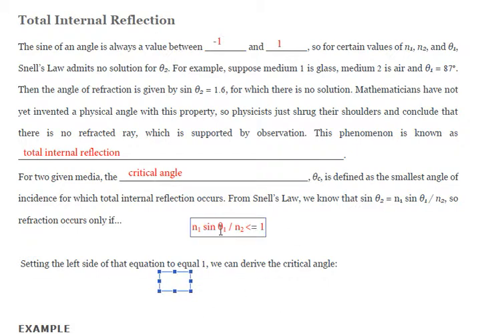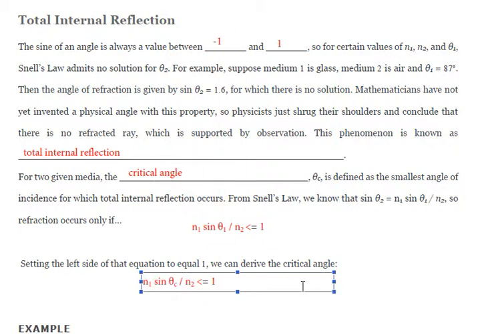So if we say this is equal to 1, it's the same equation that we had up above, but now I changed the subscript on the theta to a c instead of a 1, because this is the critical angle that we're going to come up with an expression for. So just rearrange the whole equation and solve for theta.